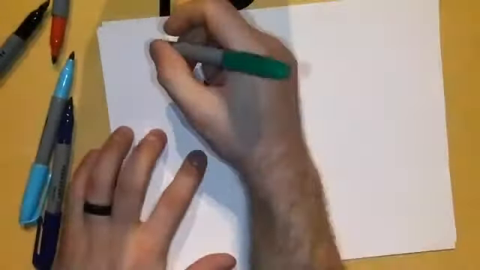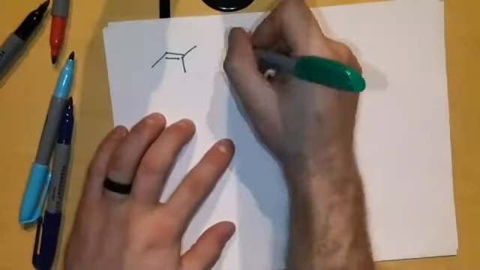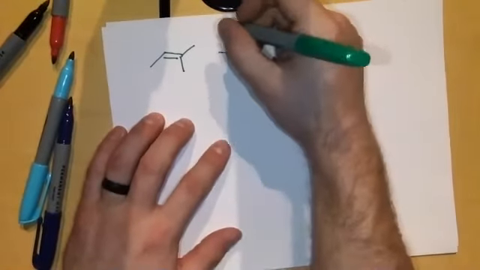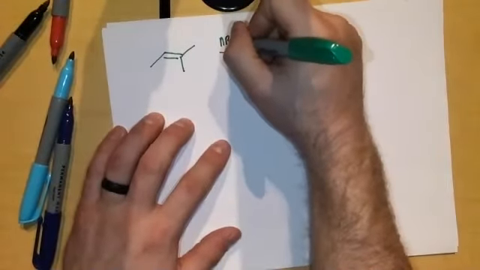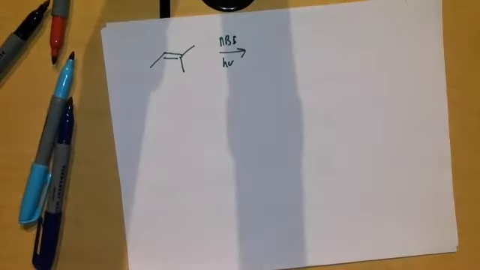So if I take this and throw in NBS and light, we actually have, ooh, this one's, I guess, kind of symmetrical.